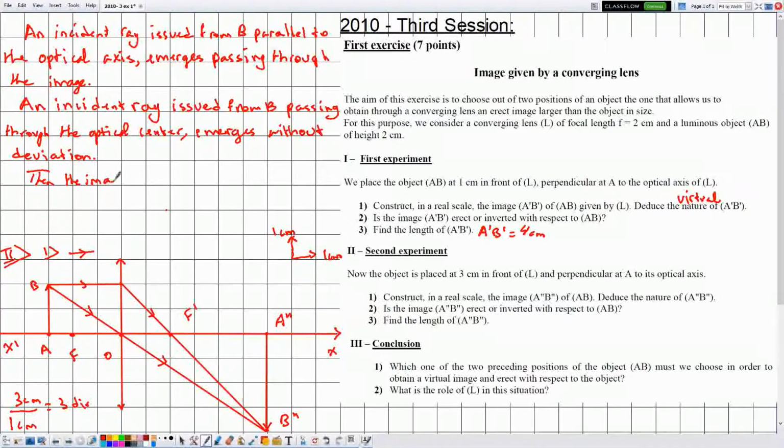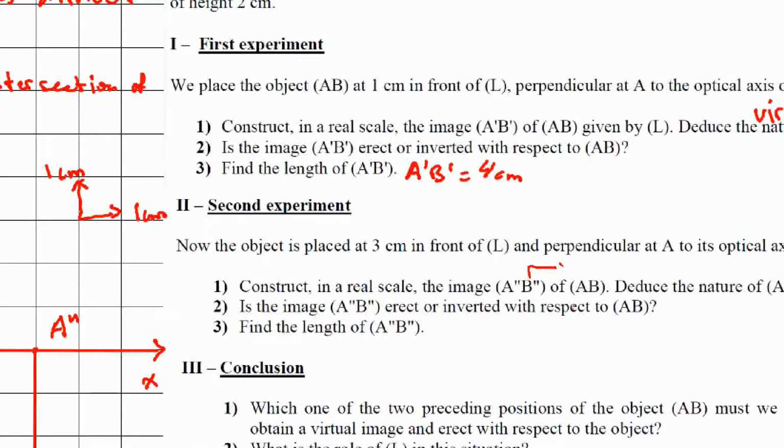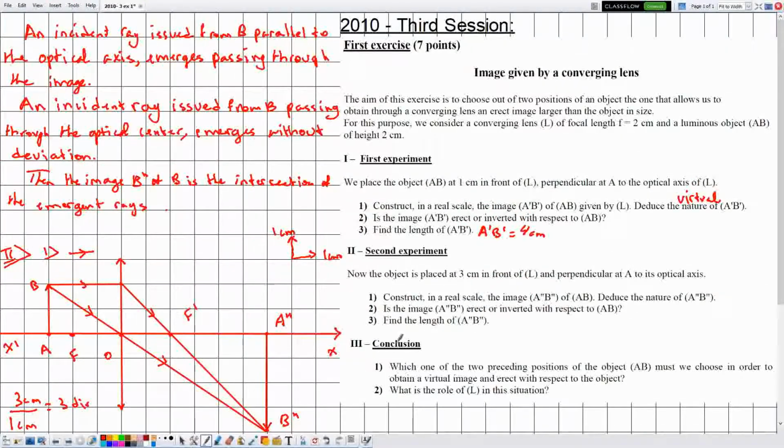Then the image B double prime of B is the intersection of the emergent rays, and the image consists of 2 points, A double prime, B double prime. Therefore we need to justify the construction of B double prime, the tracing of B double prime, as well as the tracing of A double prime.